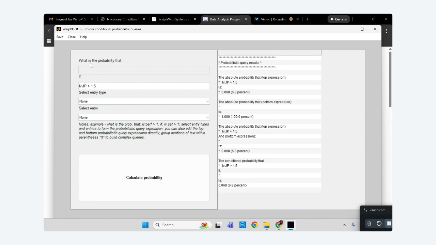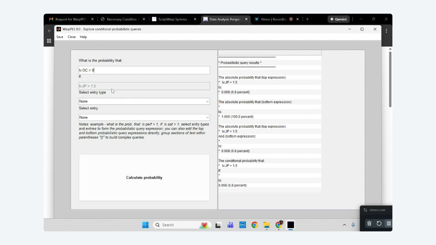And I'm going to write a value for OC, which I will start with OC being above average. And I'll calculate the probability. What is the probability that OC is above average if JP is greater than 1.5?